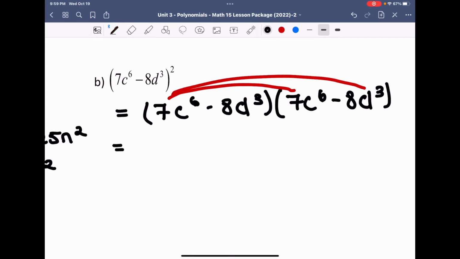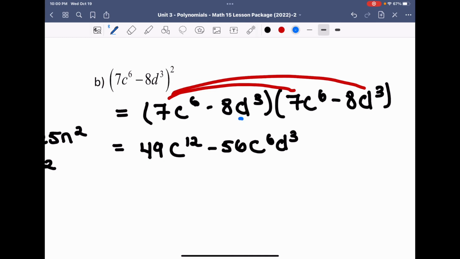This is equal to 7 times 7, which is 49, c^6 times c^6, which is c^12, because we add the exponents. Then I go 7c^6 times negative 8d^3, that's equal to negative 56 c^6 d^3. And then now we need to go to our next terms.